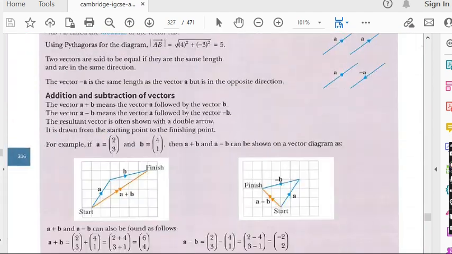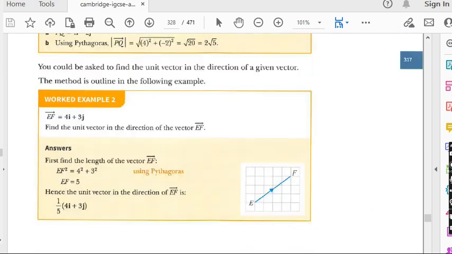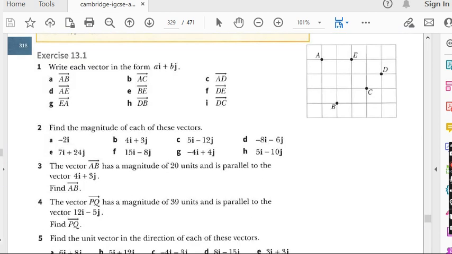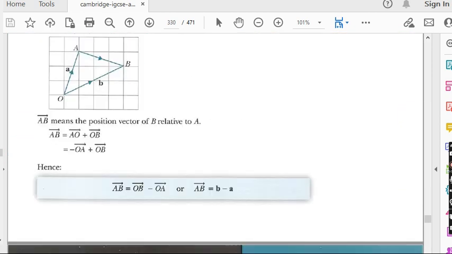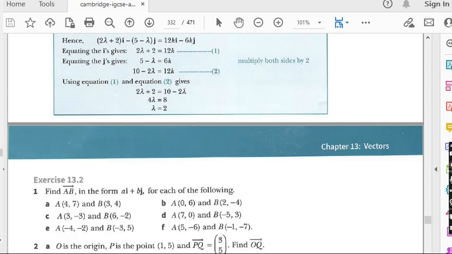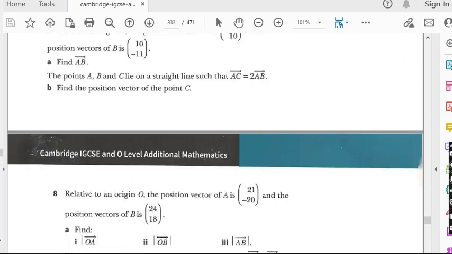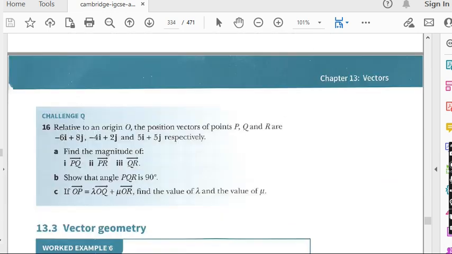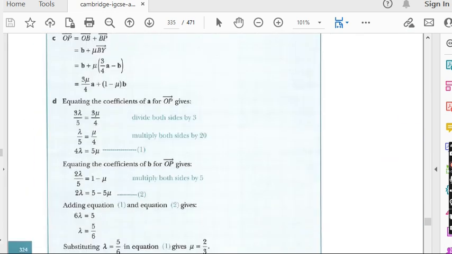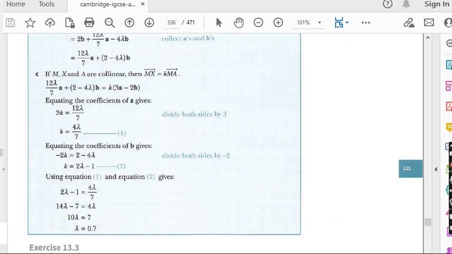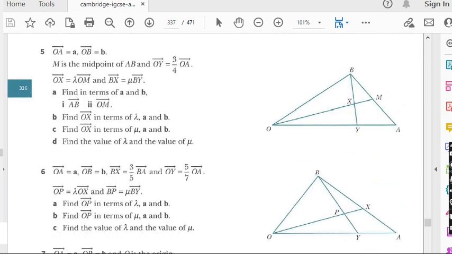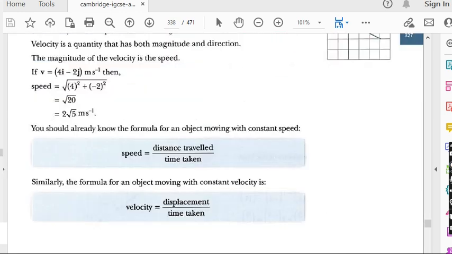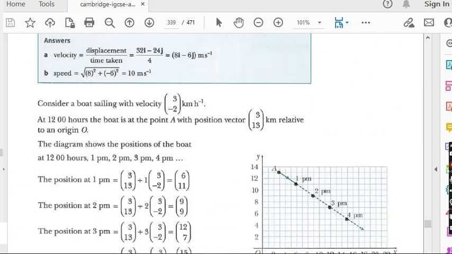What should be our next chapter? Chapter number 13, vectors? Vectors are very important, but we will not do vectors after chapter number 12, because we have just done chapter number 12, that is differentiation.